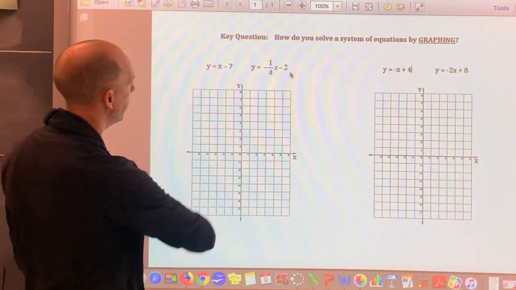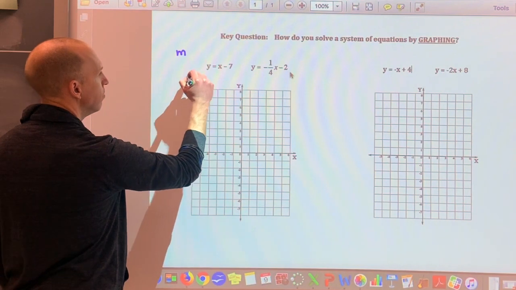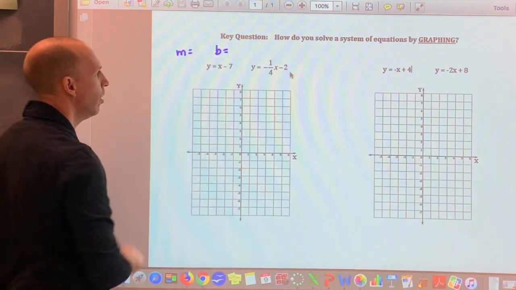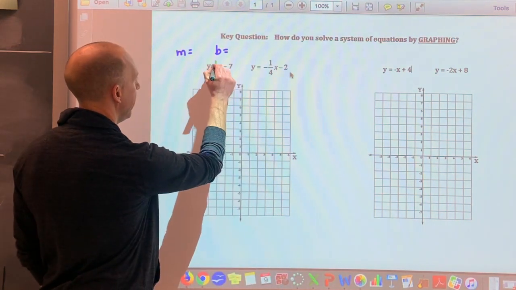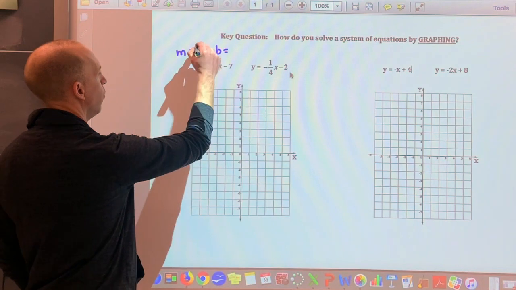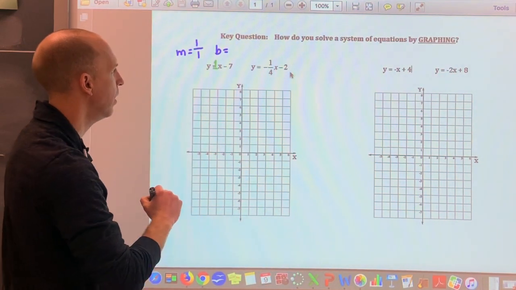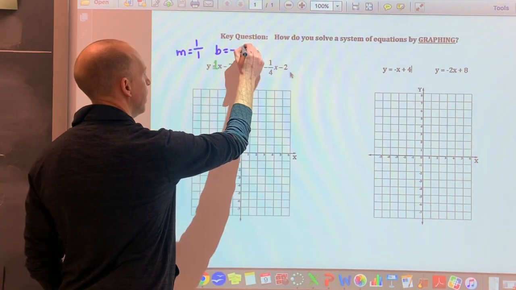Let's look at equation number 1. The question is, what is your slope and what is your y-intercept? Well, hey, remember, there's an invisible 1 in front of this x, which means my slope, my rise over run, would be 1 over 1. And my y-intercept, or my initial value here, is negative 7.